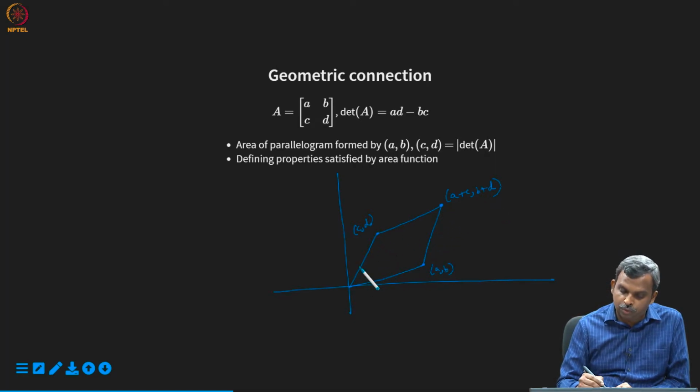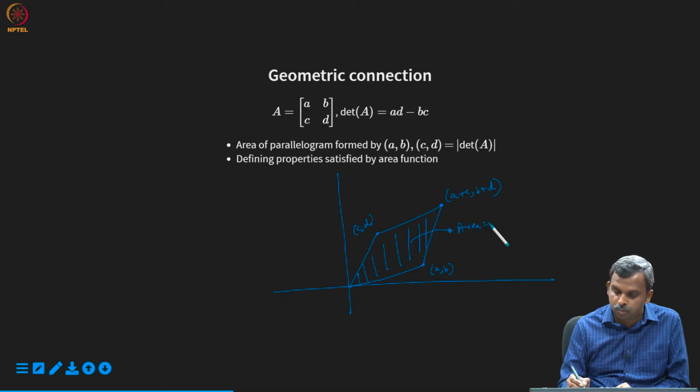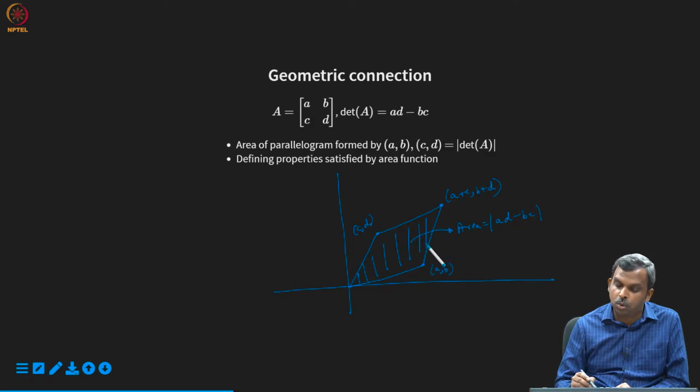If you want to compute the area of this, it's actually the absolute value of AD minus BC. You might have seen this. If you've not seen this, this is one of the motivations for why the determinant is defined in this fashion. It's the area.